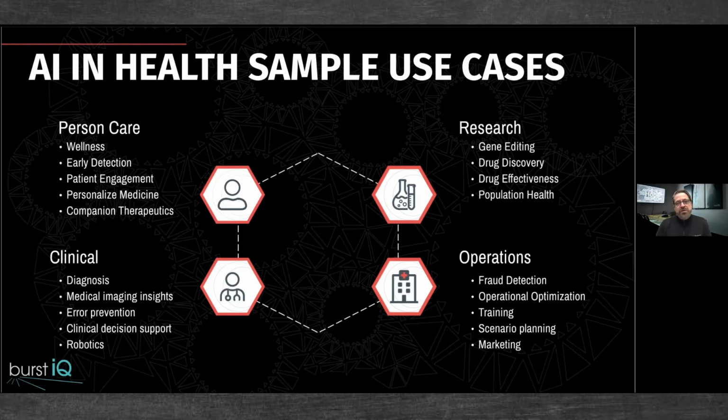We're going to see, again, an emergence of personalized medicine and personalized health, and we'll talk about that in a second. And definitely companion therapeutics. If you have a certain condition or comorbidity, you're going to have a digital narrow intelligence help you navigate through that condition. On the bottom, clinical, a lot of push around clinical diagnostics and clinical decision support.